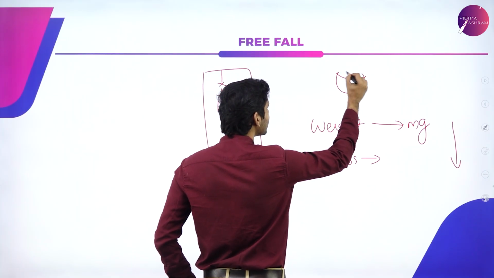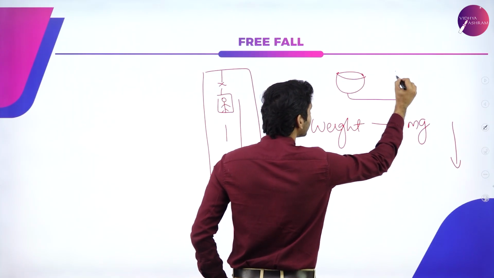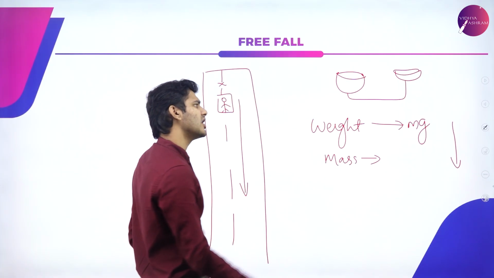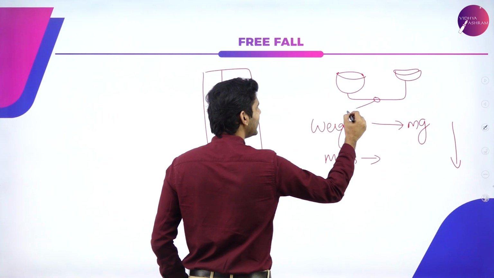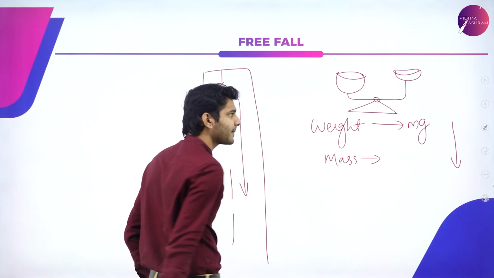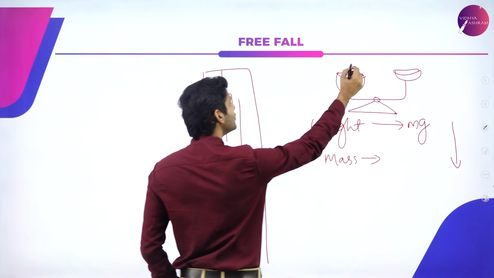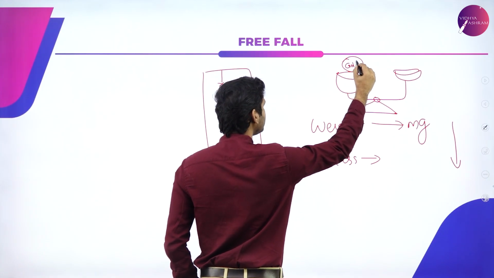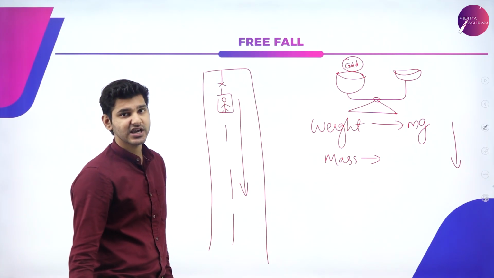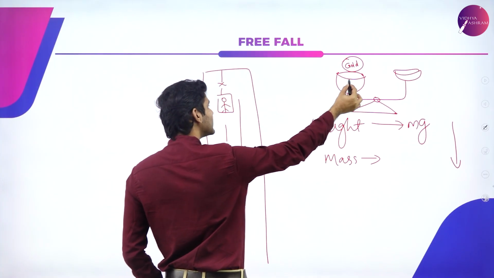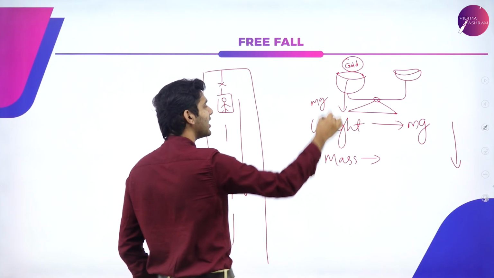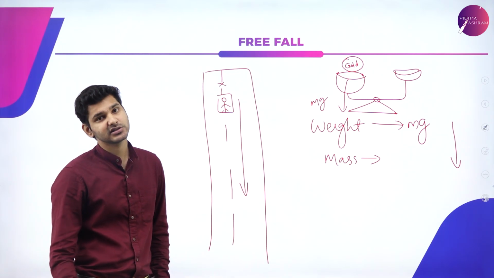You might have seen it. It is known as a weighing balance, where there is a setup like this. In one pan, they will put gold or whatever you want. Let's say this is gold. They'll put gold inside that. And we know that this gold will experience the mass being pulled down with gravitational constant g.